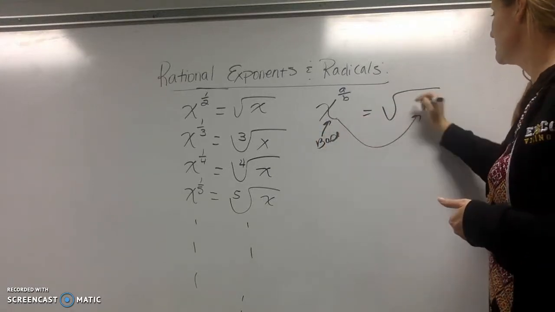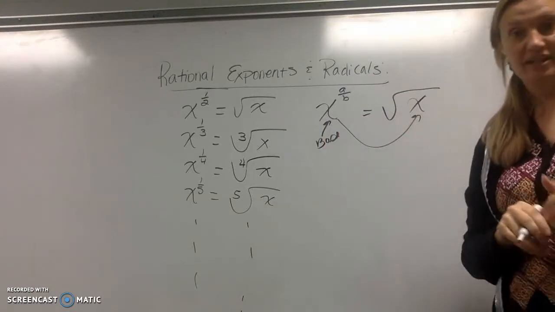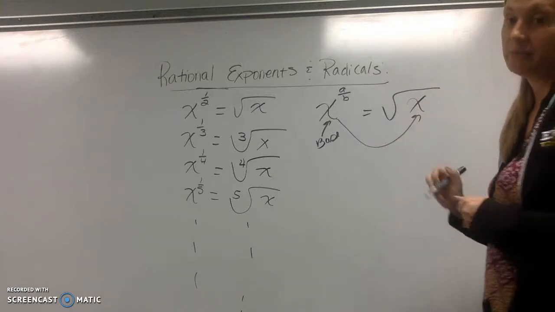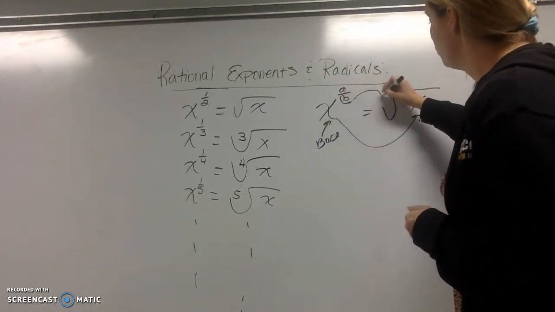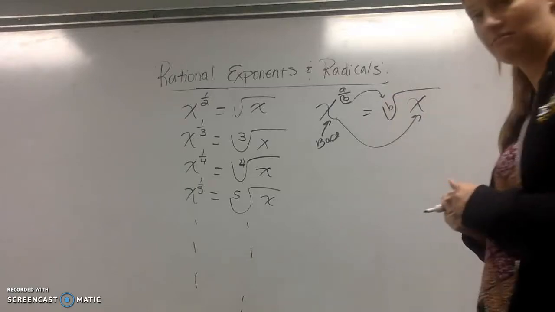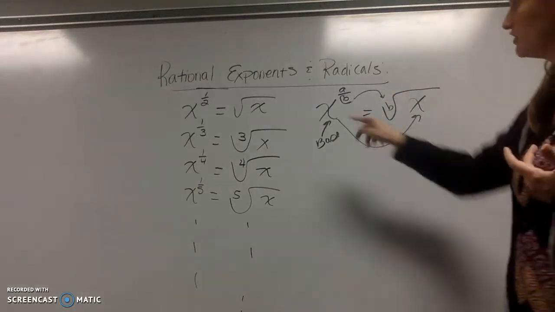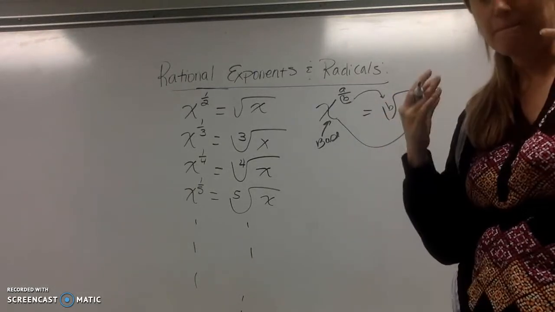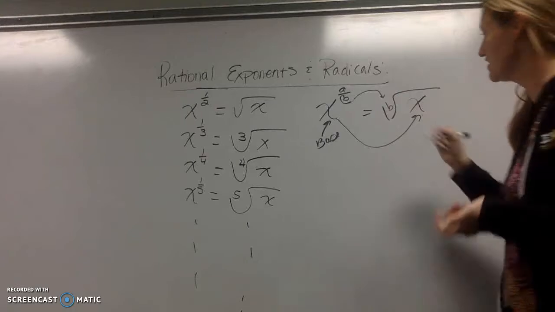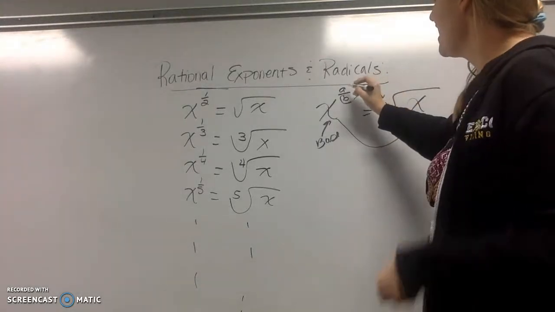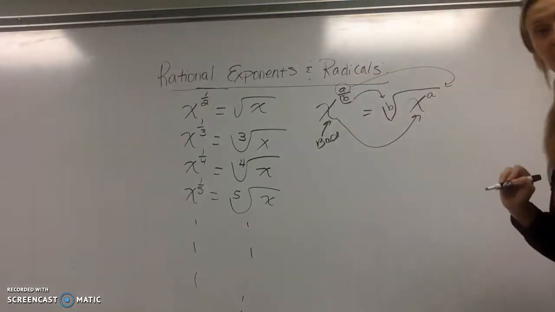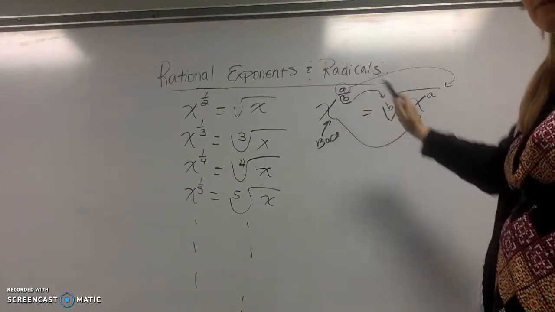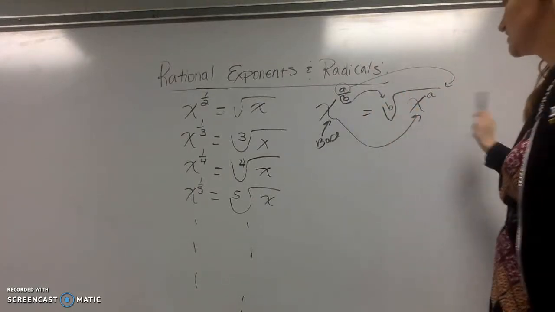The base is going to stay the same. I'm going to put x there, okay? My denominator becomes what root I am taking, okay? So if b is my denominator, I'm taking the b root, whether b is a 4, 5, 6, whatever it is. A is your power. It becomes your exponent. So x to the a/b power becomes the b root of x to the a.